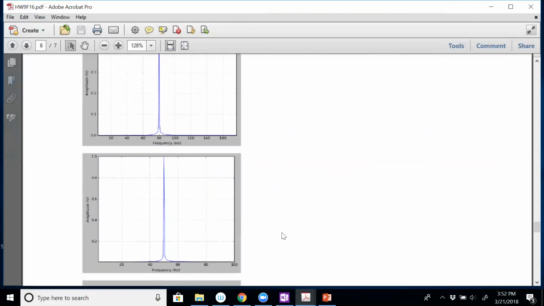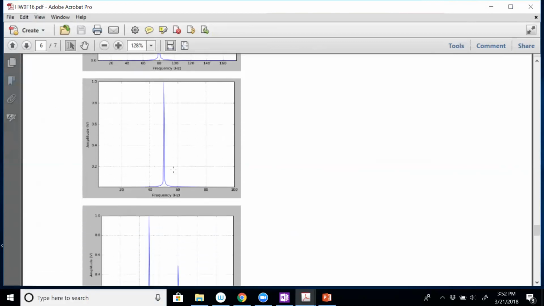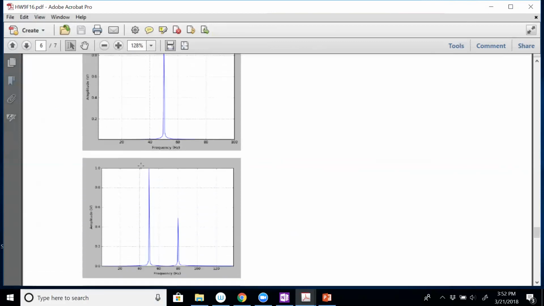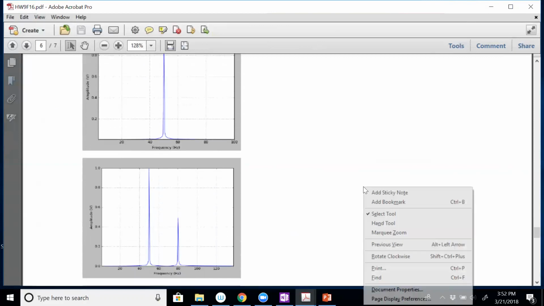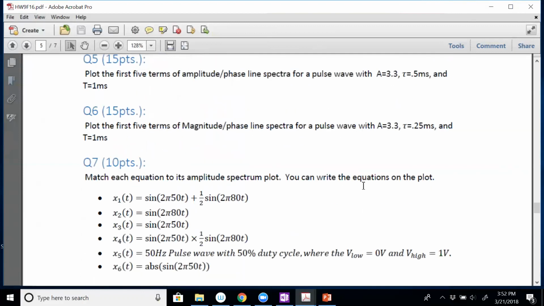Here's another one, but it's centered at 50, and its magnitude is 1, so that can't be it. This one's at 50, and this one's at 80. This constant is at 1. This scalar is at a half. Well, there you go. That was number 1.